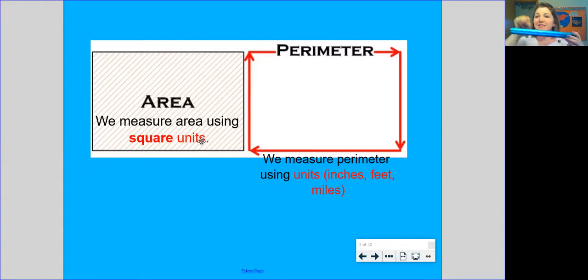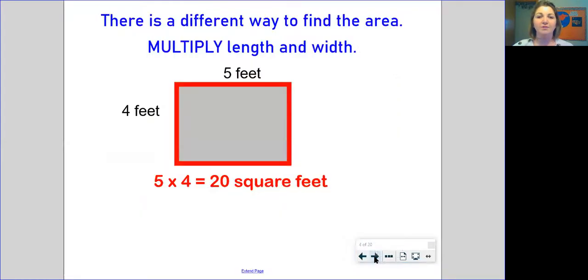We're measuring the entire space it takes up. So we measure it using square units. When we measure perimeter, we are able to measure like with a ruler. So we would measure it using units, and it might be inches, feet, or miles.